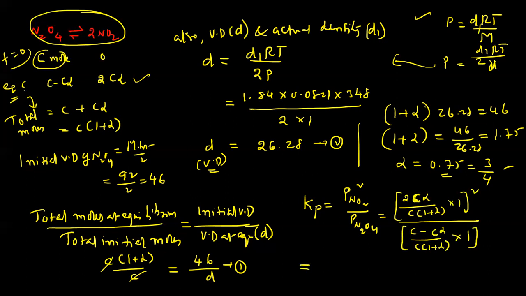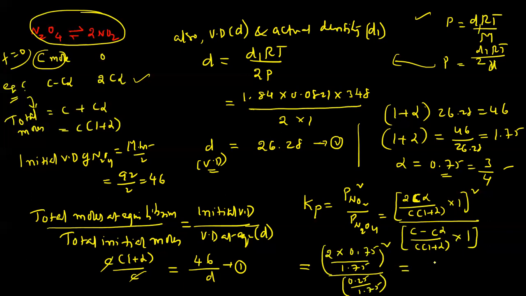Now if you substitute all the other values, C will get cancelled everywhere, and after substituting the alpha value, it becomes 2 into 0.75 divided by 1 plus alpha, which is 1.75, whole square, divided by 1 minus alpha, which is 0.25, divided by 1 plus alpha, which is 1.75.